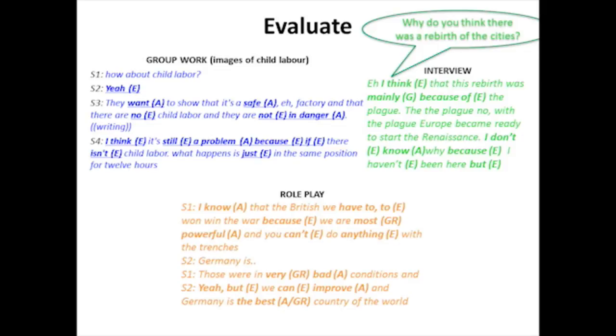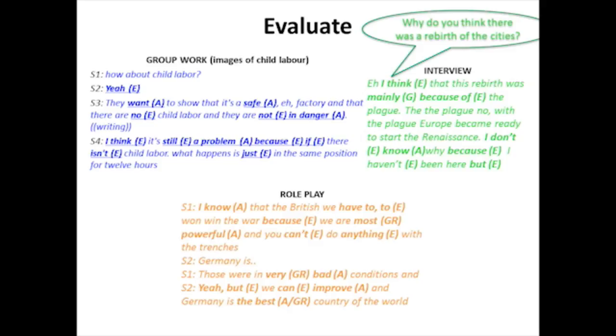We've brought a few examples from the data. The color coding is simply for the different task types. This is a group work sequence where Spanish students were looking at images of child labor in 19th century mills. You can see these are different types of appraisal, attitude, and engagement.